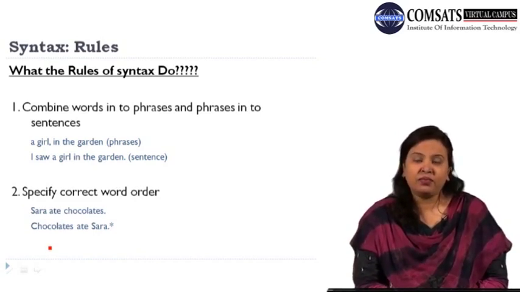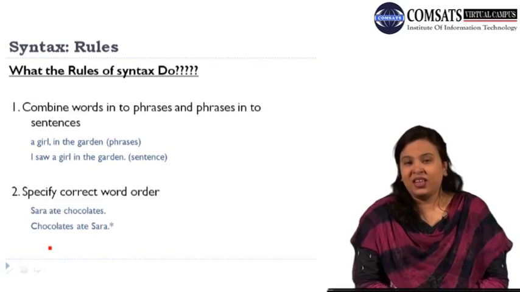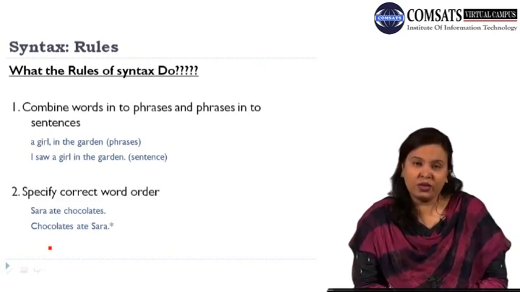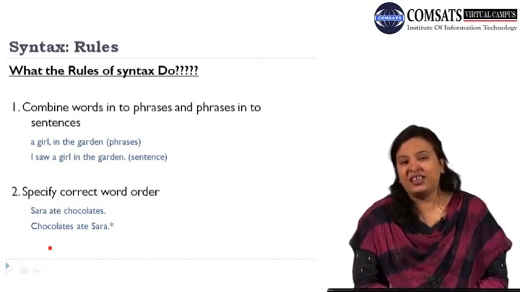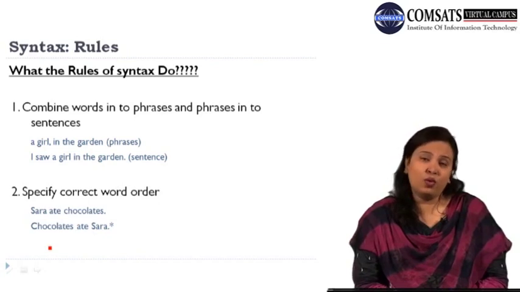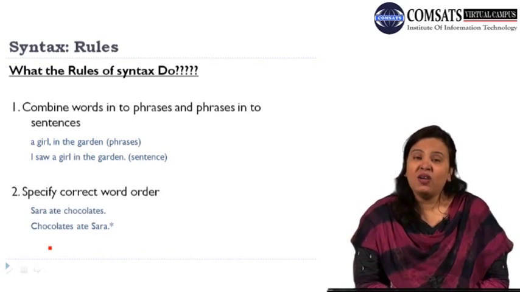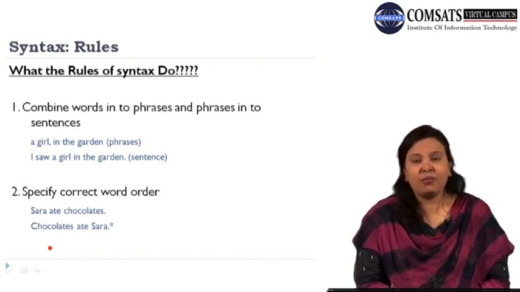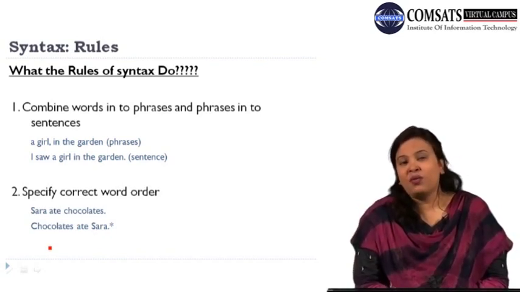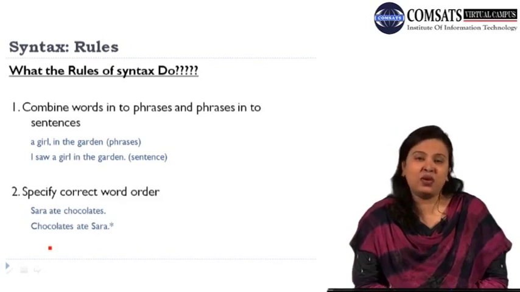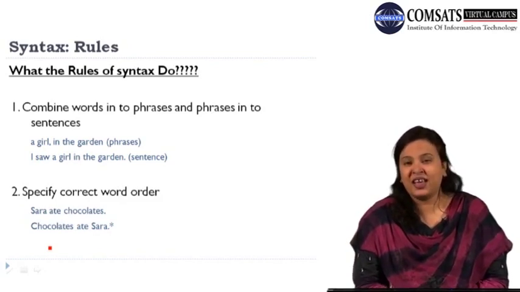Number one, these syntax rules help us to combine words into phrases and phrases into sentences. With the help of these rules, we can know what a phrase is, how with certain words I can make a phrase, and how I can arrange these phrases in a structure to get a sentence.